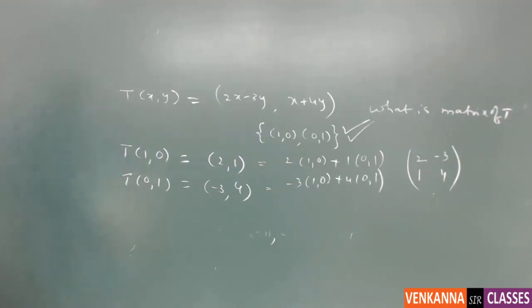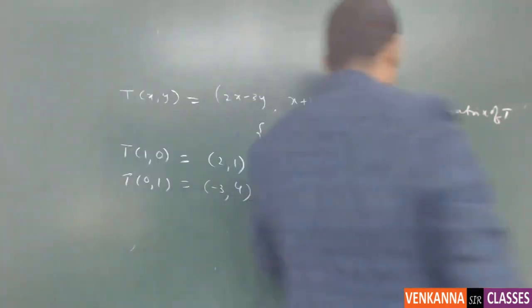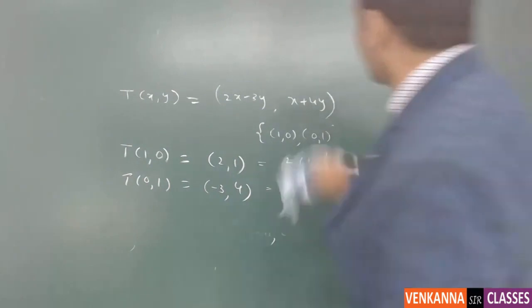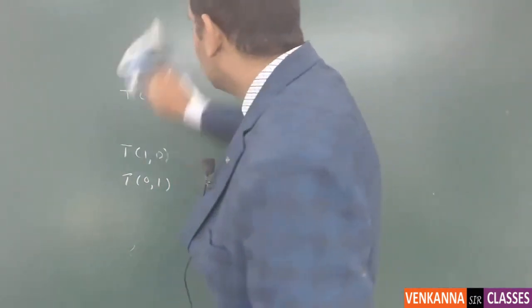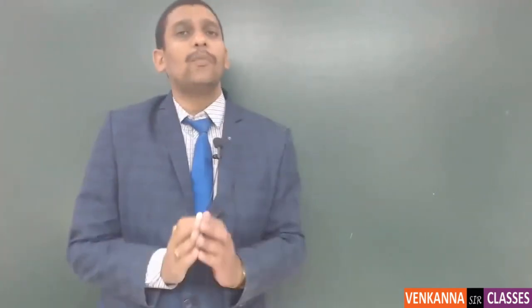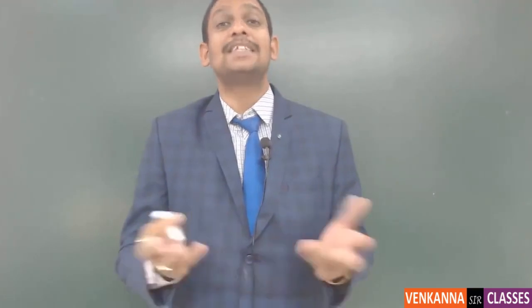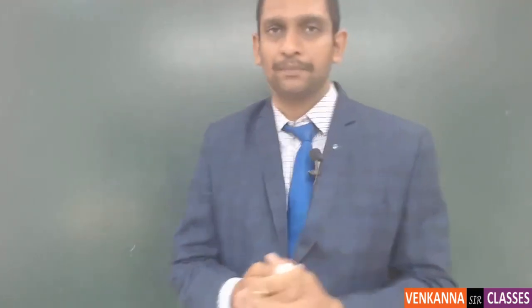Now, another interesting thing is the relation between the matrix and the transformation. You know about the Cayley-Hamilton theorem, that whenever you take a square matrix, it satisfies its characteristic equation.